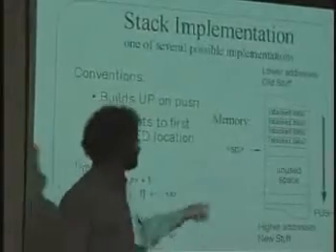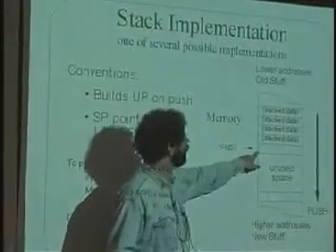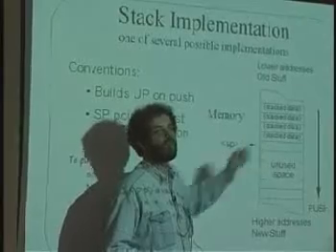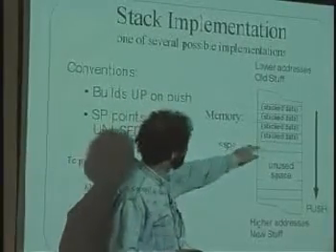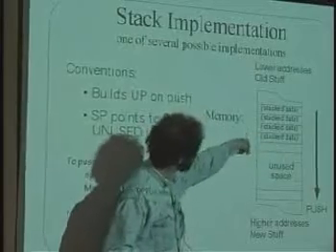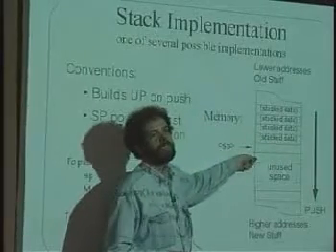It will be an address of a location in memory that is free where we can put the next item on the stack. When we want to push something on the stack, we'll place it here, and then we'll increment the stack pointer to point to the next place.